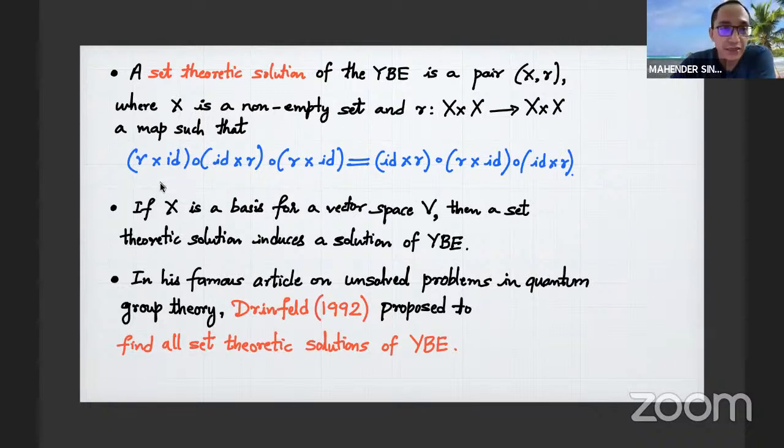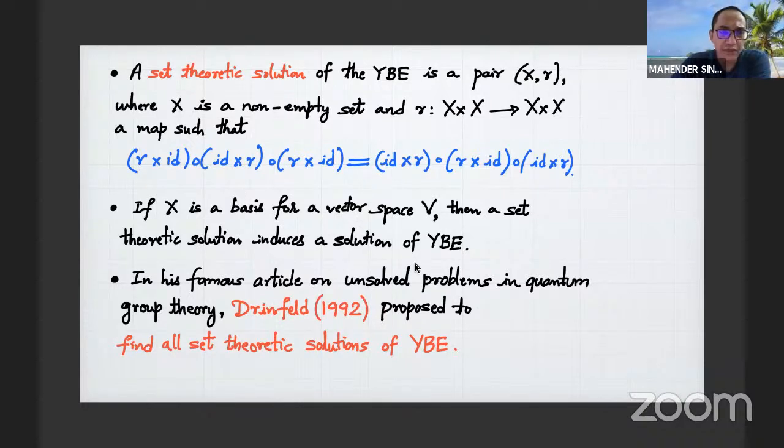So what is the relation here? If X is a basis for a vector space V, then a set theoretic solution of the Yang-Baxter equation will give you a solution of the Yang-Baxter equation. Therefore one can very well just concentrate on set theoretic solutions. And this is the problem proposed by Vladimir Drinfeld in his very popular, I think it's a survey article, Unsolved Problems in Quantum Group Theory, where he proposed to classify all set theoretic solutions of the Yang-Baxter equation, as an approach to find all solutions of the Yang-Baxter equation.